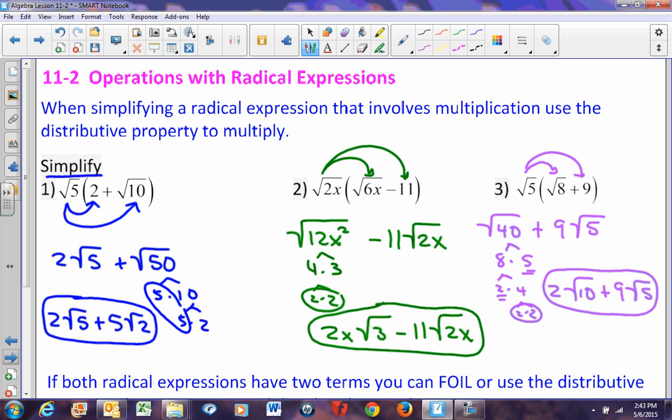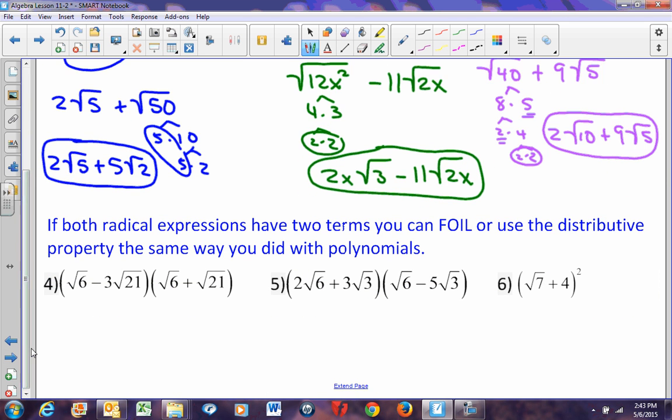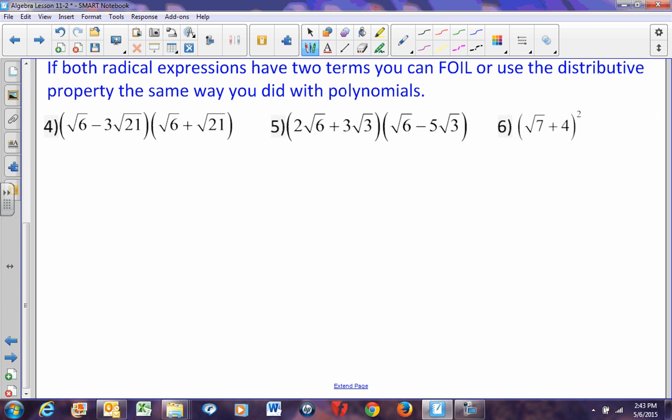Okay. If both radical expressions have 2 terms, you can FOIL or use the distributive property. Remember, FOIL is just a fancy way of saying you're going to distribute first, outer, inner, last. The same way you do with polynomials. Remember, if I had x minus 3y times x plus 3y, we're just going to distribute.